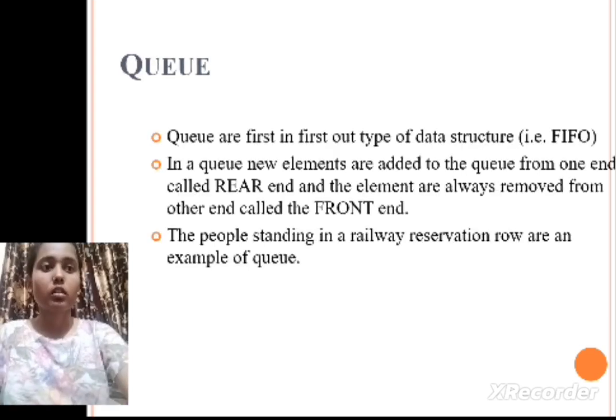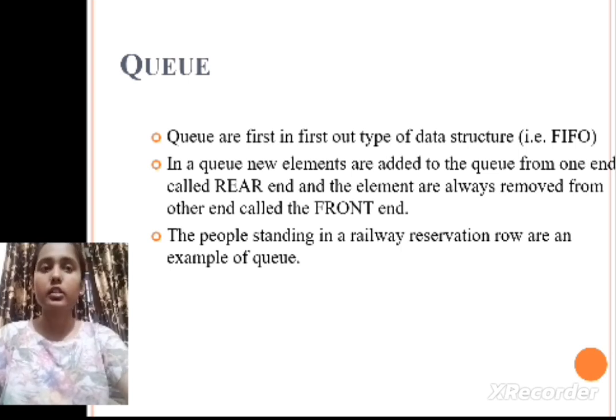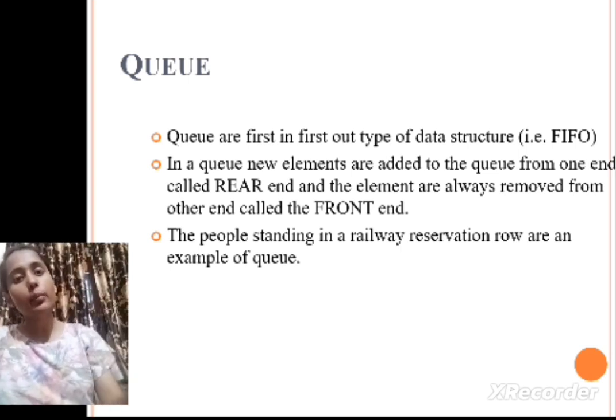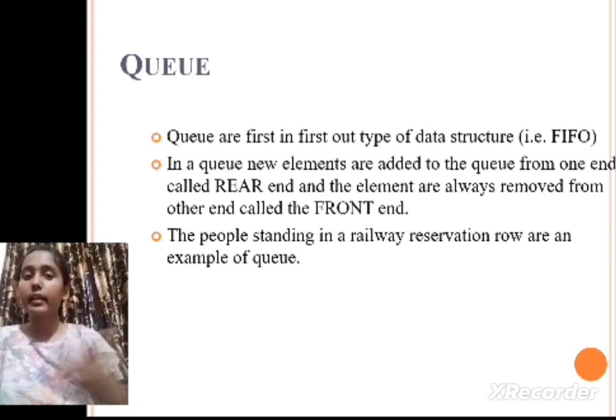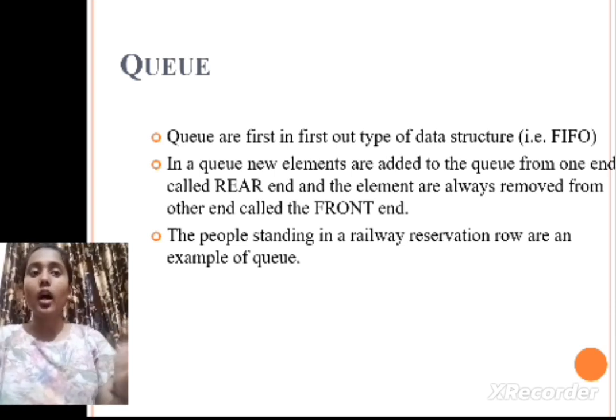Now moving towards the queue data structure. It is also a linear data structure which holds the property FIFO, first in, first out. The element you insert first will be accessed first. In a queue, new elements are added from the end called the rear, and elements are always removed from the other end, known as the front.